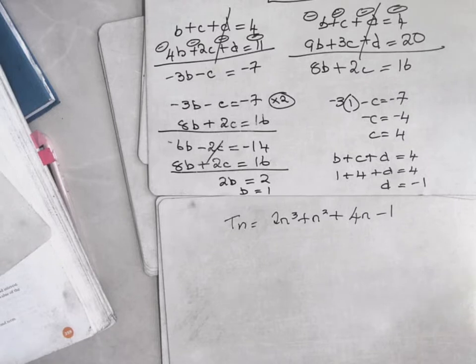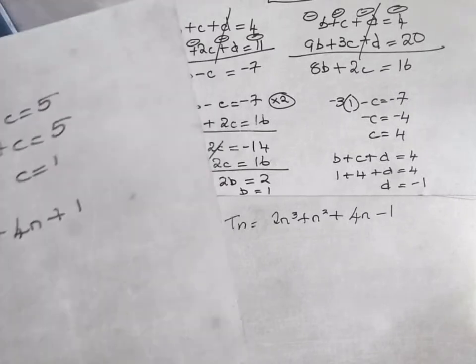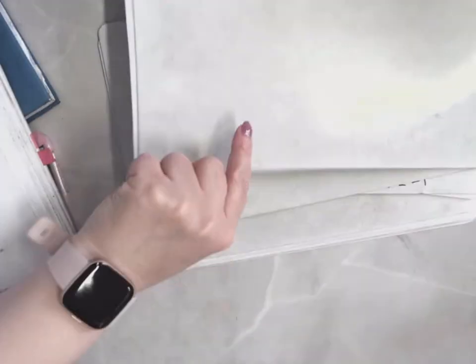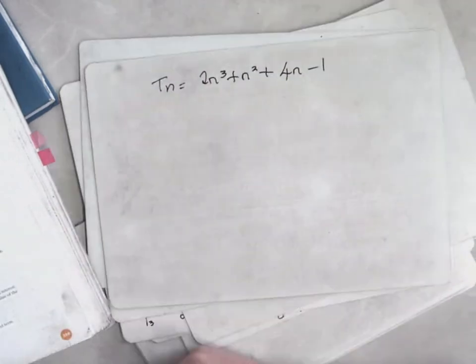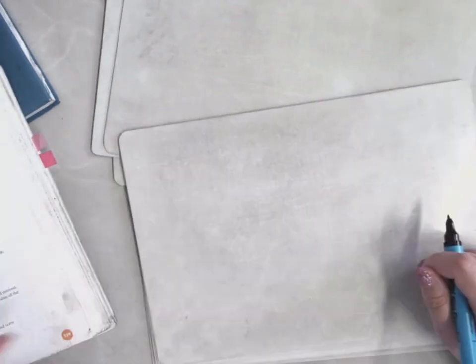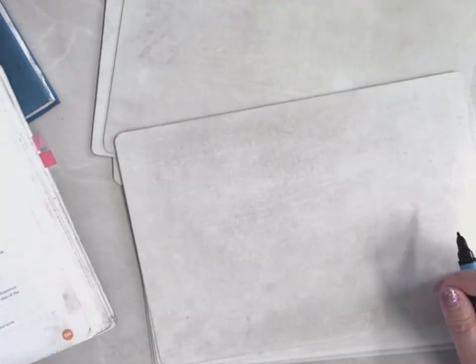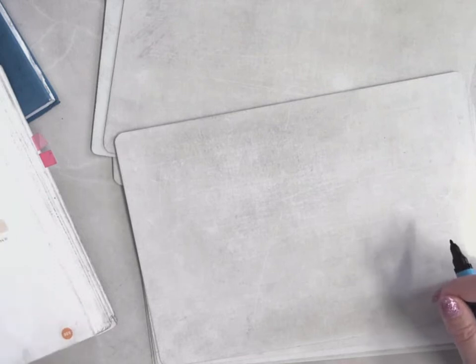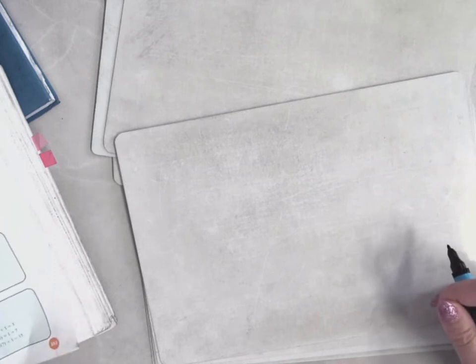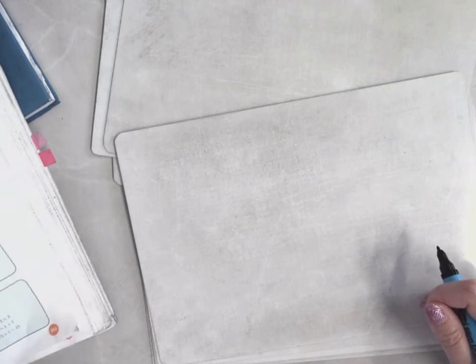So I have one small section to do, and it's called other sequences. Okay, so it's just sometimes they use rules as opposed to Tn.